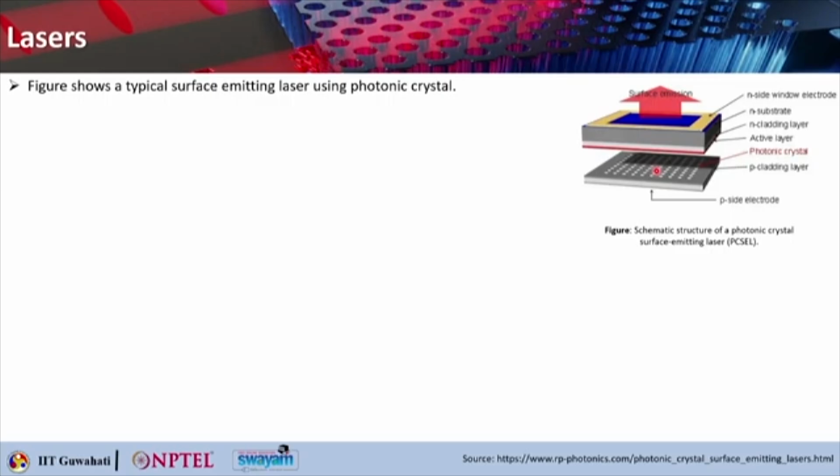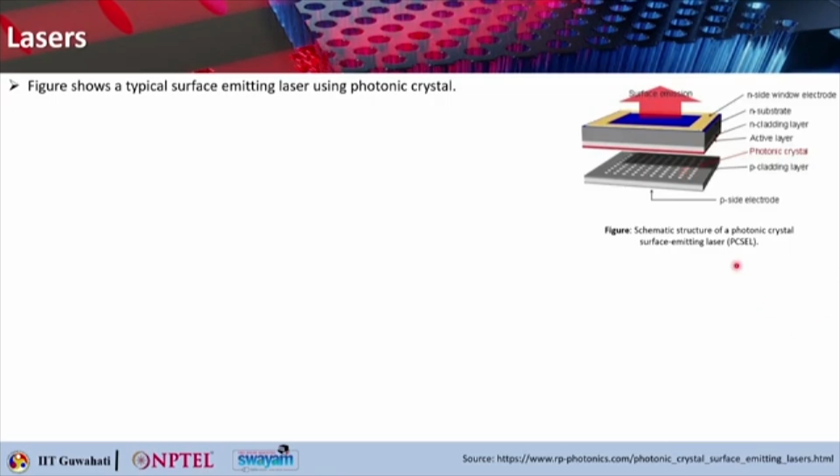It consists of a thin layer of semiconductor material such as gallium arsenide, gallium nitride, or indium phosphide, containing a pattern, something like square or triangular patterns of air holes spanning over a certain area. Here you are seeing a square pattern. The semiconductor material must be transparent, that is non-absorbing, for the generated laser radiation.